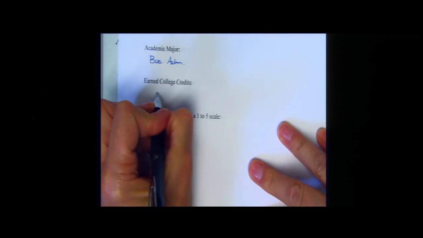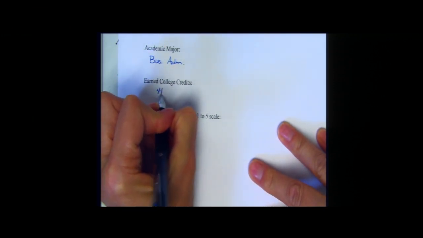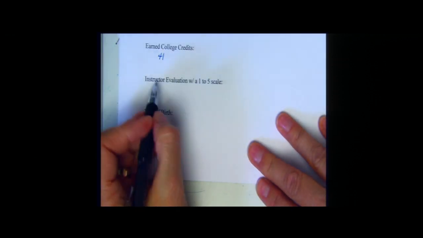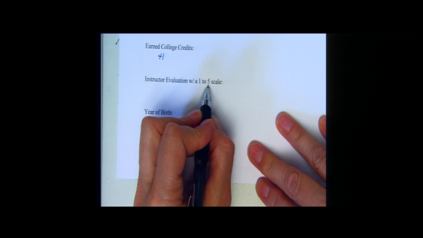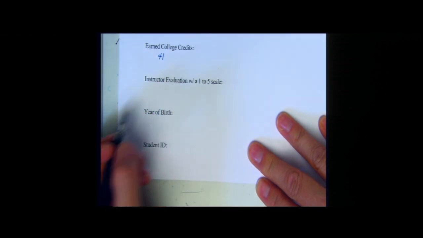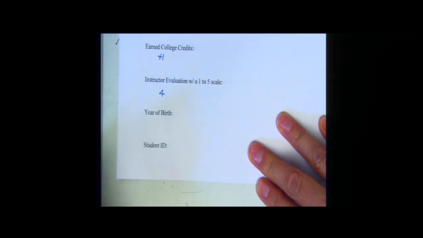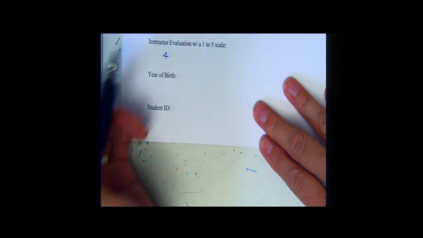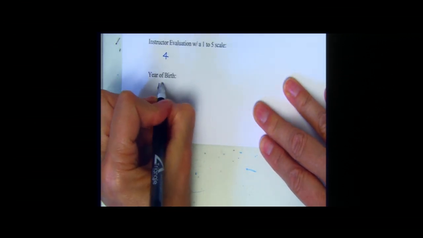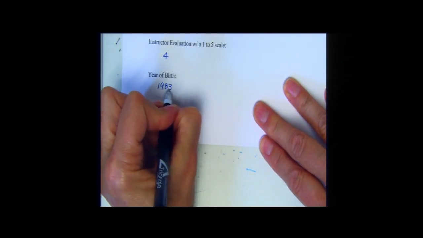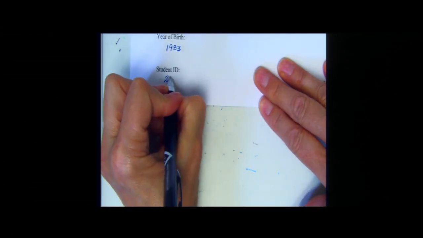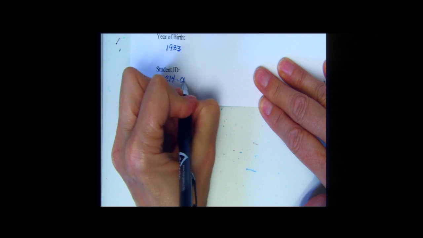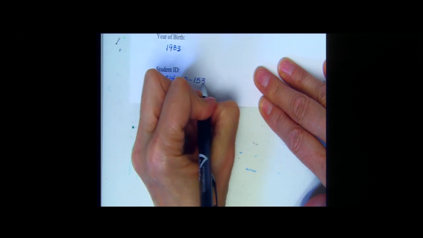And let's say somebody told me they have 41. Instructor evaluation, 1 to 5, 1 being the lowest, 5 being the highest. So let's say that they gave the instructor a 4. The year of your birth, say somebody told me 1983, and then a student ID, I'm just going to make one up.